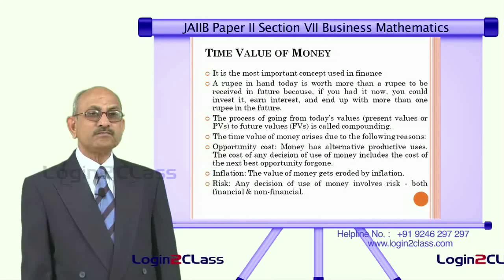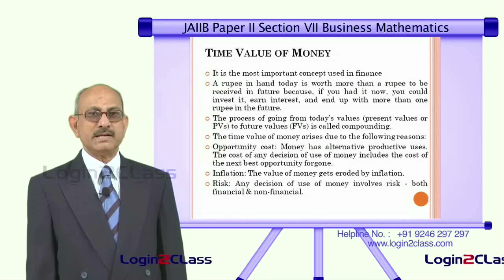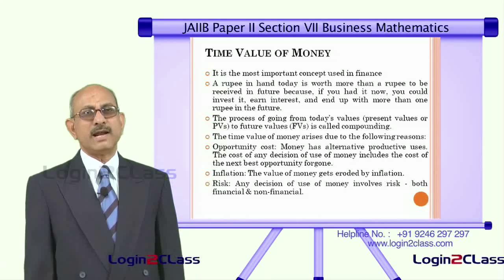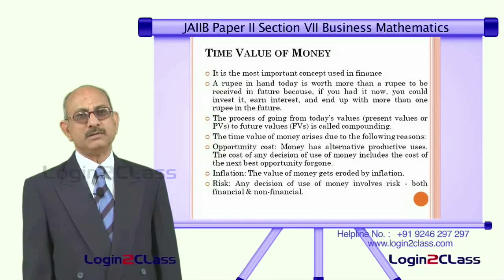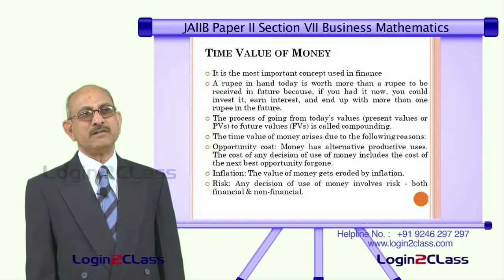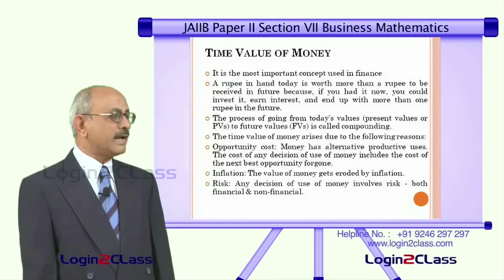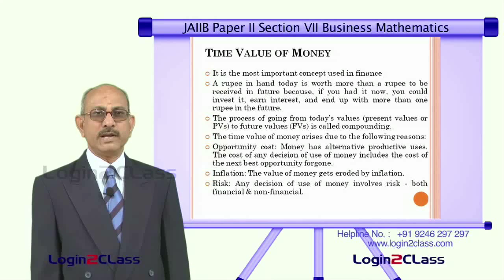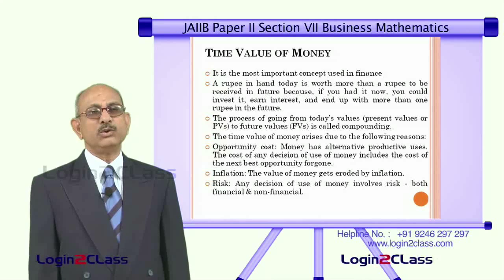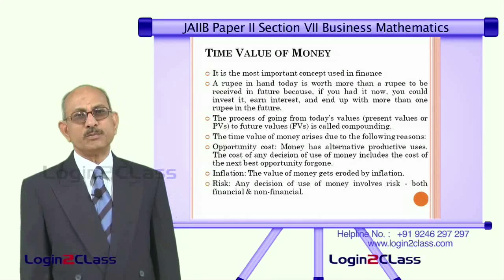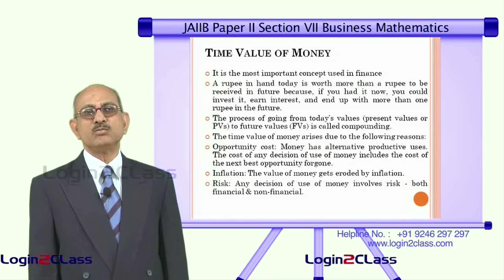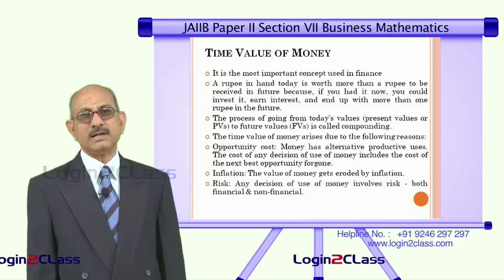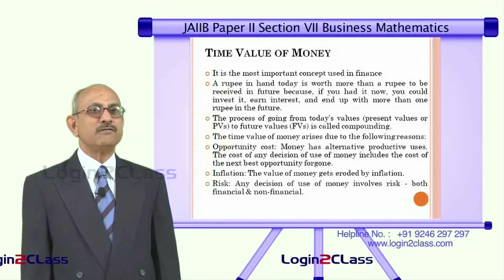And therefore, when money has got time value, you cannot add monies coming to you at different points of time together, because they have different values. For example, if you have got a cash flow of 100 rupees today and after 1 year, you cannot call it a cash flow of 200 rupees, because today's 100 rupees is not the same as tomorrow's 100 rupees or 100 rupees which you are going to receive after 1 year.